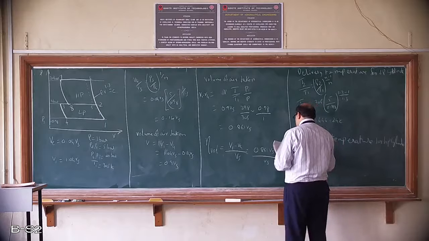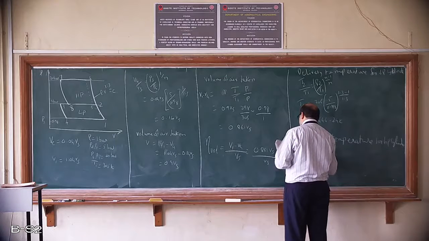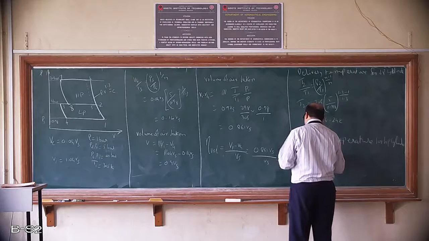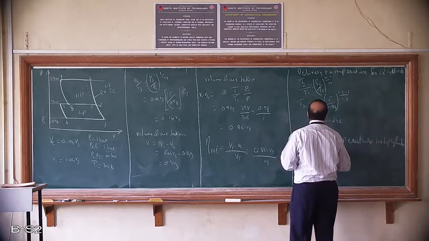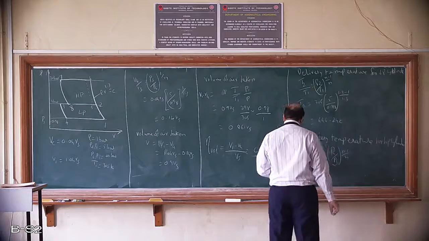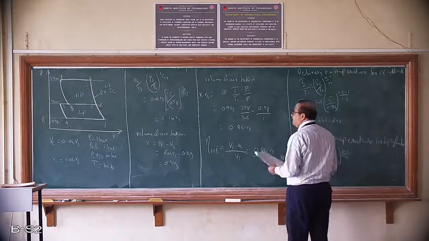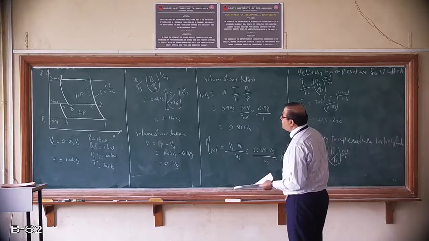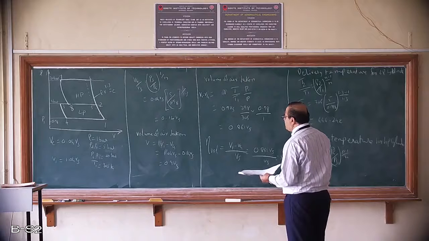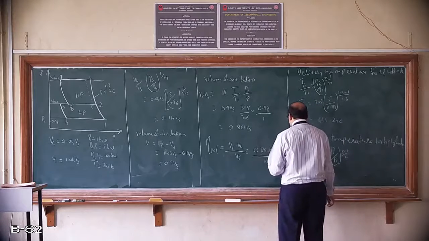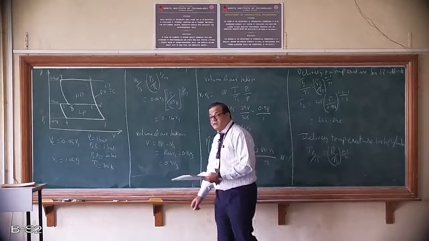So T6 by T5 is equal to P6 by P5 to the power of n minus 1 by n. What is T5? T5 is T1, T2 itself. So you can substitute that because of perfect intercooling, it will be T1 only.